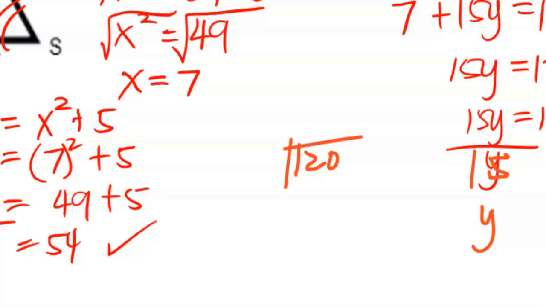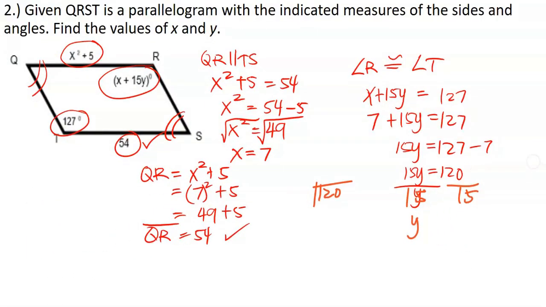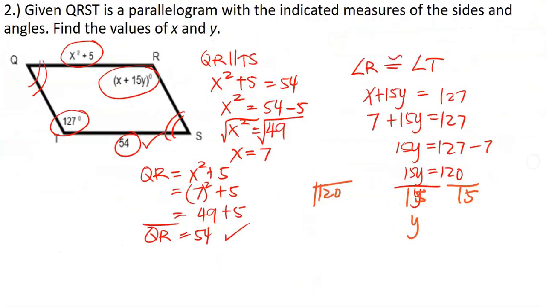You can just try with 10, but 15 times 10 is 150. So we still have 30 excess there, so that means we'll have 8. So this should be 8. You can try: 15 times 8, it should be 5 times 8 is 40, then carry 4.